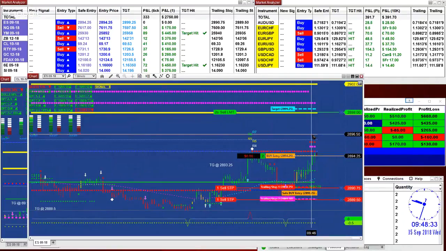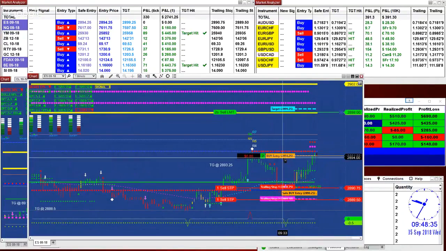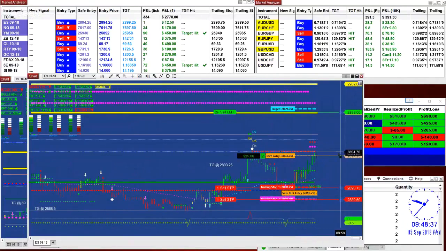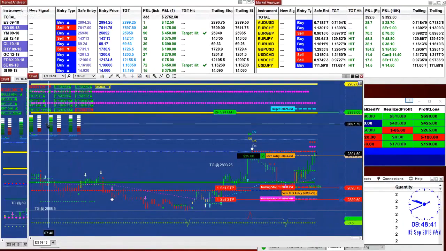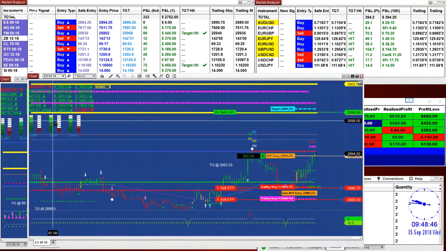What is the problem at the moment with the signal is that we have 1, 2, 3, 4, 5 resistance levels right above that number. The auto trade took that trade. Okay, fine. Now what we are looking for, we need to keep our eye on the buyers and the sellers at the left corner here, where it indicates the market is very strong and the buyers are over the sellers.